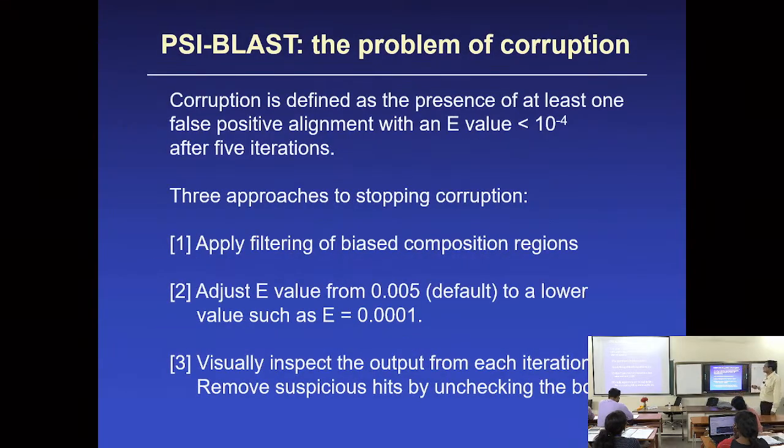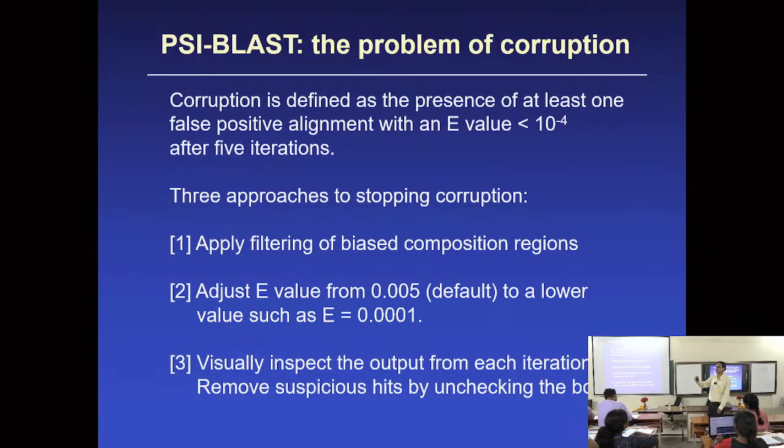Okay, so there are ways to address the corruption problem. You would want to apply filtering of biased compositional regions, which we discussed. You would want to adjust the e-value, make the e-value even more stringent. You don't want to include any spurious hits, so make it more stringent. For example, right now the default is 0.005, make it 0.000001.